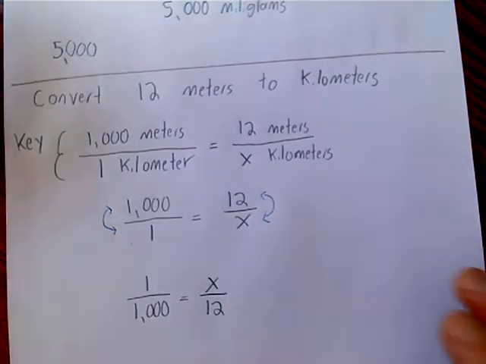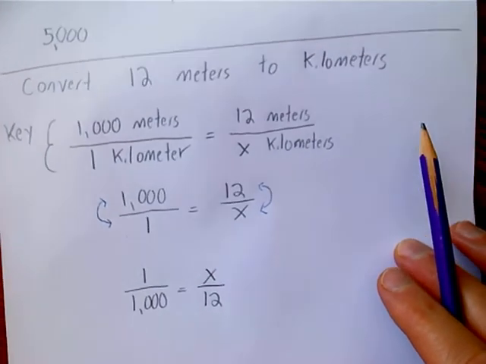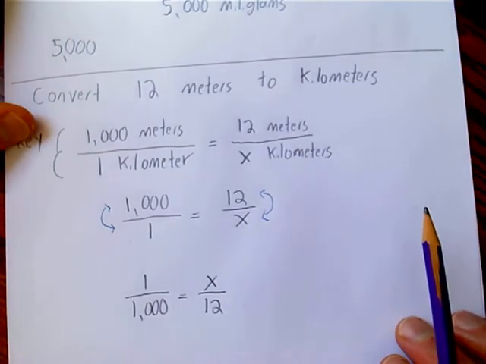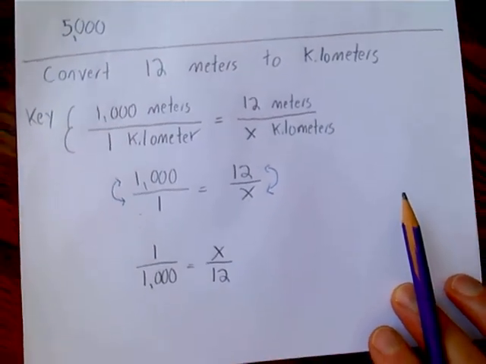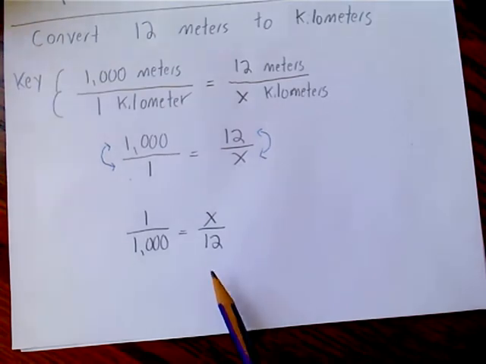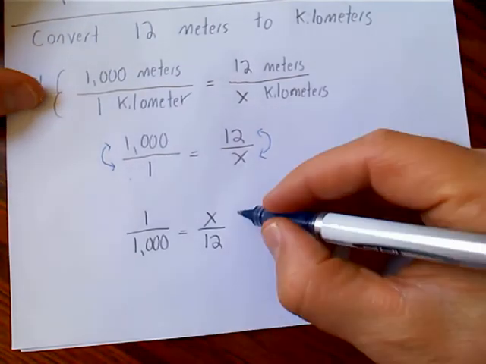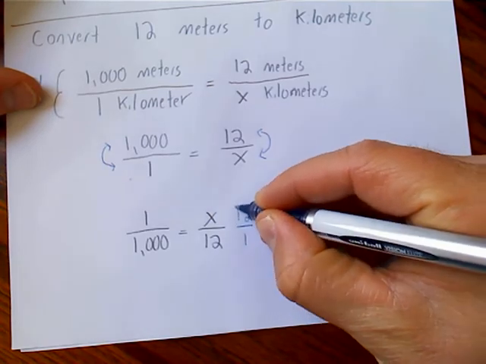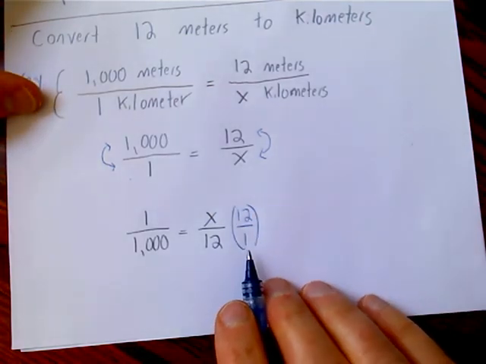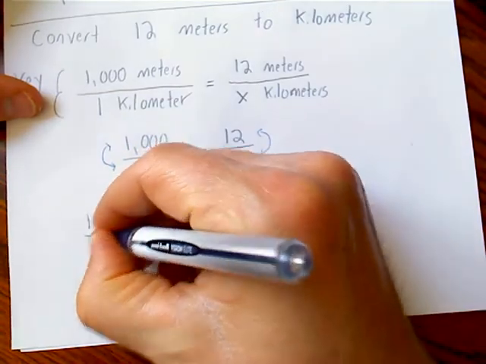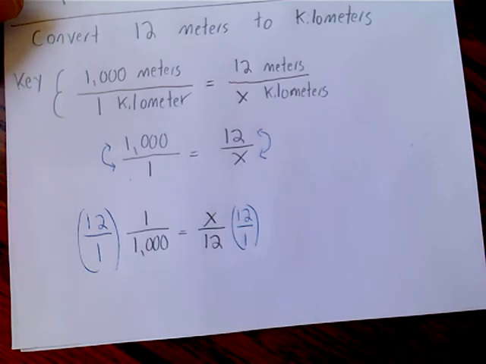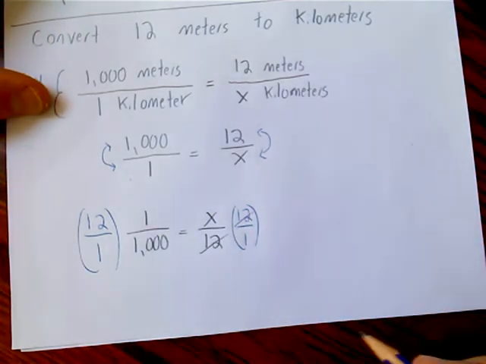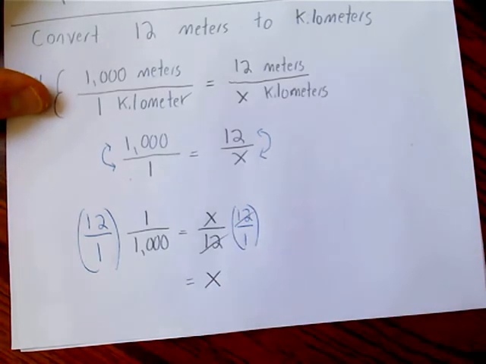Cool. So now we're trying to isolate this x. Right now it's being divided by 12, so I need to multiply by 12. Multiply by 12 on the right side, multiply by 12 on the left side. My 12s are going to drop out, leaving me with x.